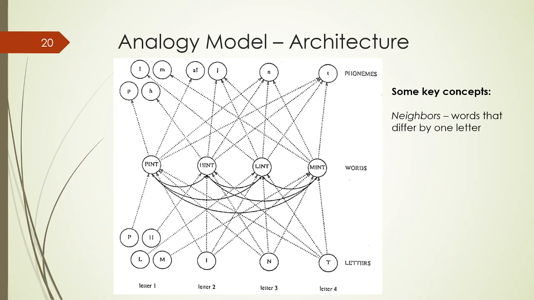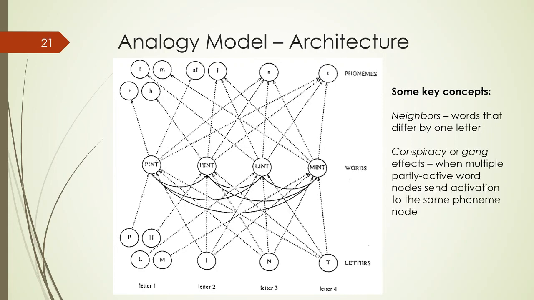Neighbors are words that differ by a single letter, okay? And so word nodes, in fact, all of the word nodes being depicted in this schematic are neighbors of each other. And think about the possible significance of that. And moreover, think about the possible significance of what are called conspiracy effects or gang effects.